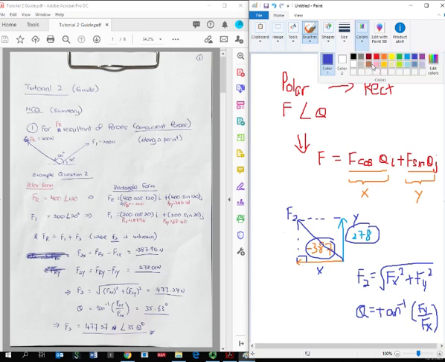The angle here will be this angle, which is the theta we are talking about. With this you can easily solve for force 2.